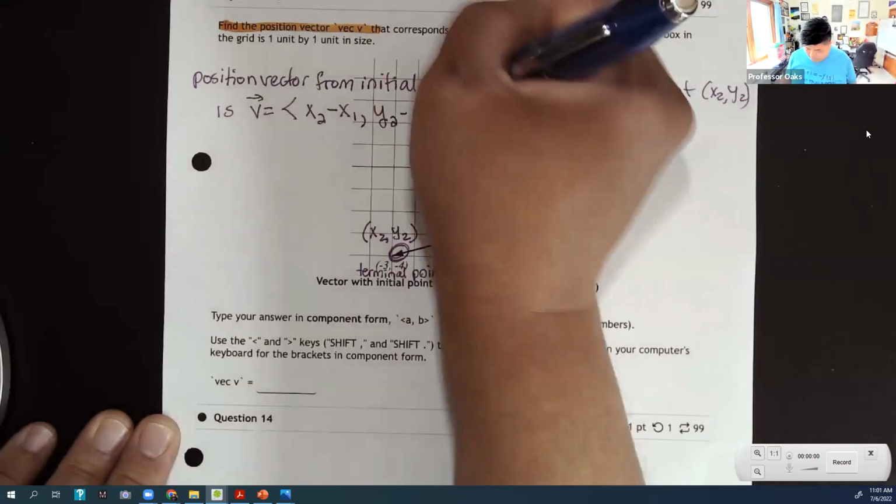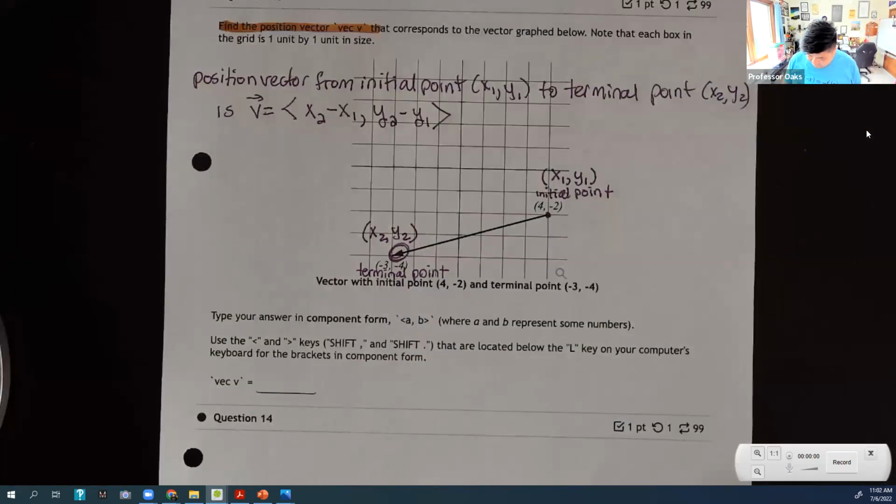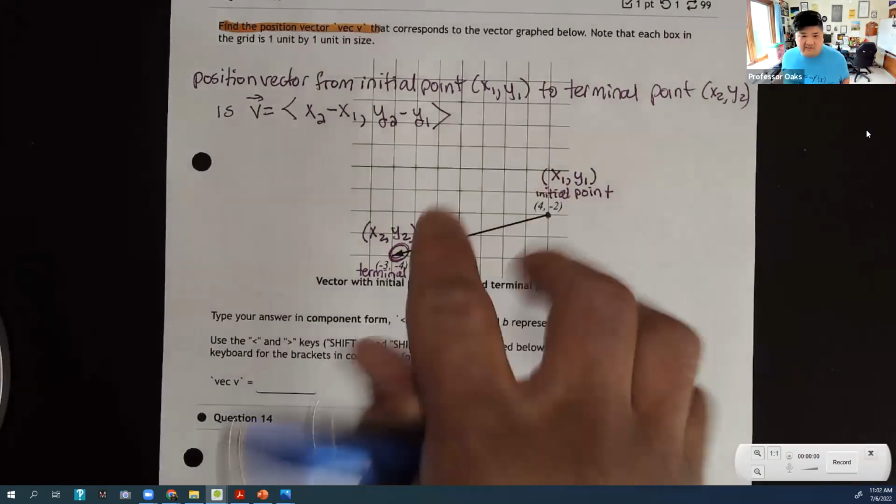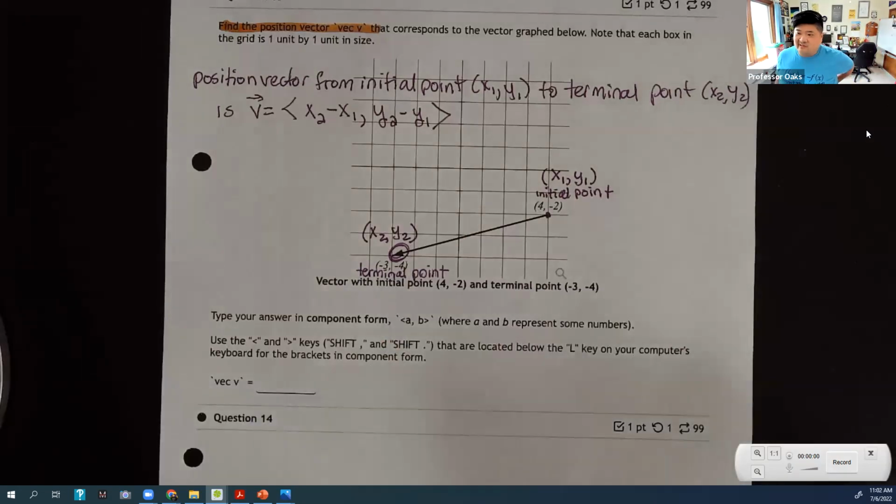This is one point where, if you subtract these in the wrong order, that's the number one mistake people make on a problem like this.